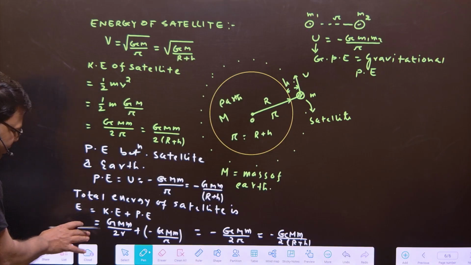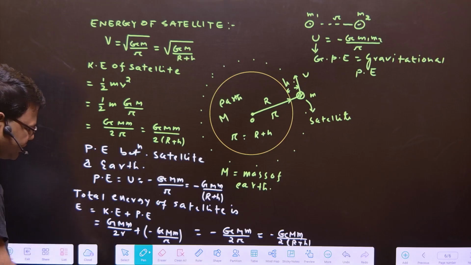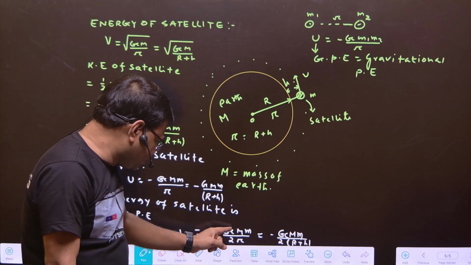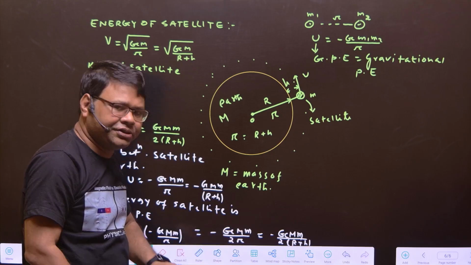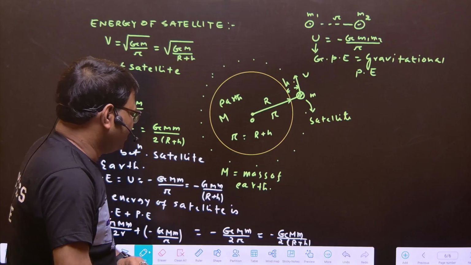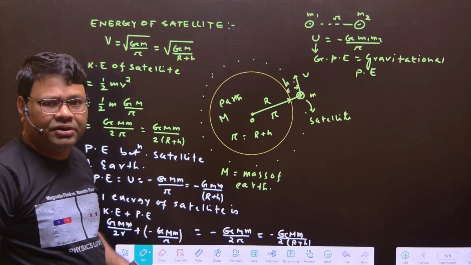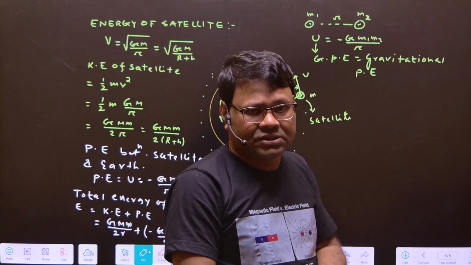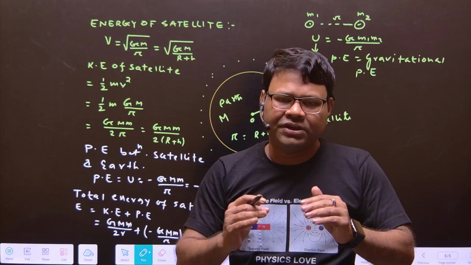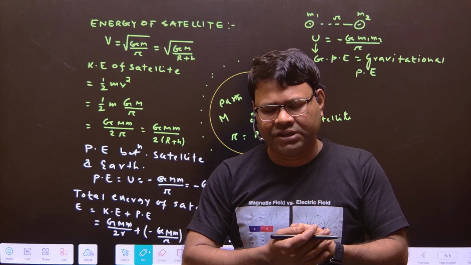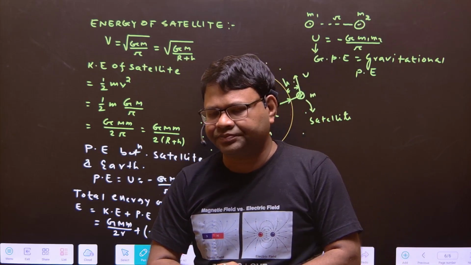E means total energy. But one question may come in competitive, class 11, or board exams: why is the total energy negative? What is the significance of the negative sign of the total energy?